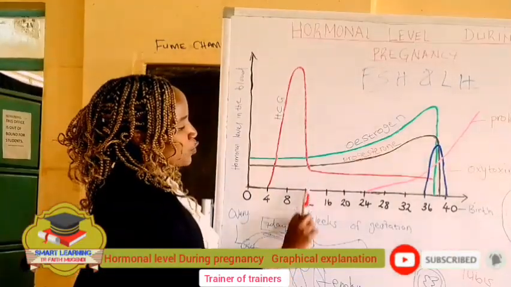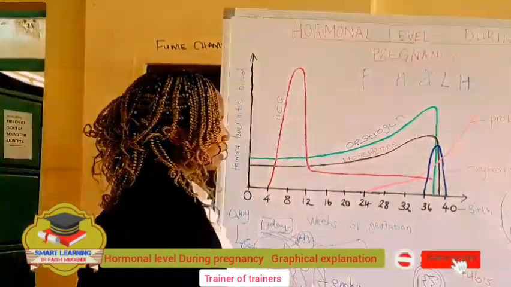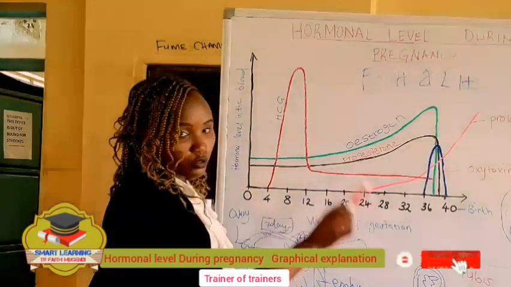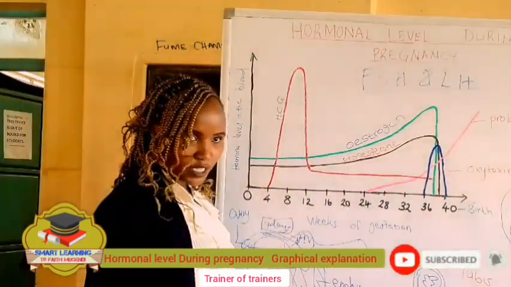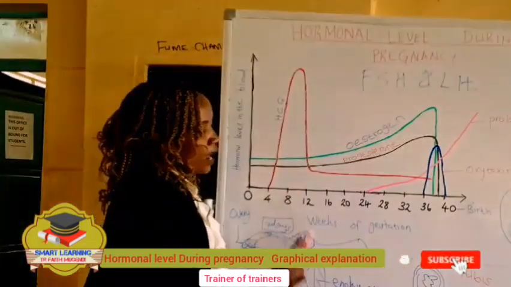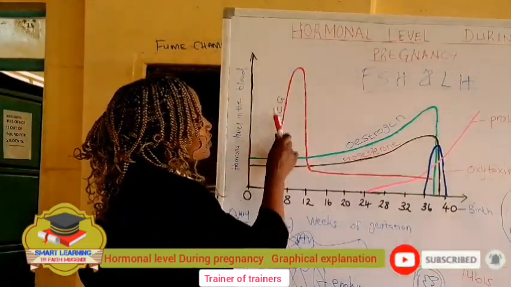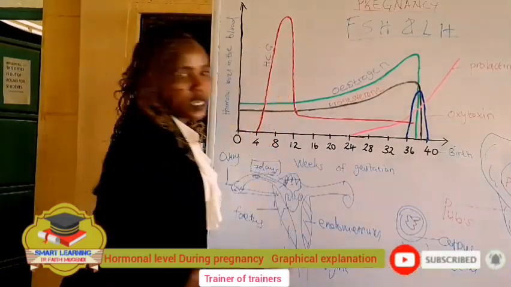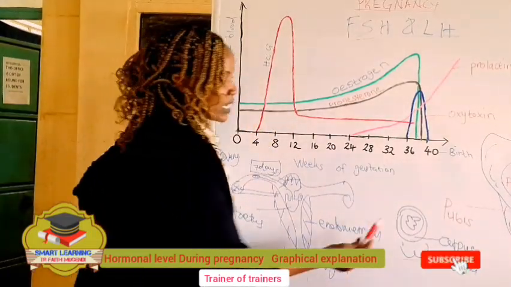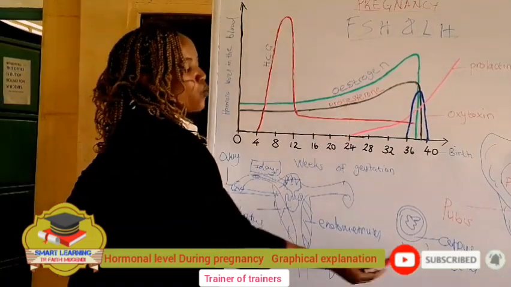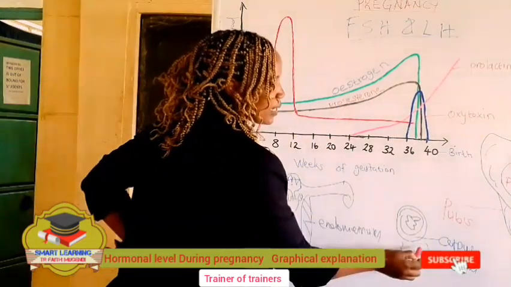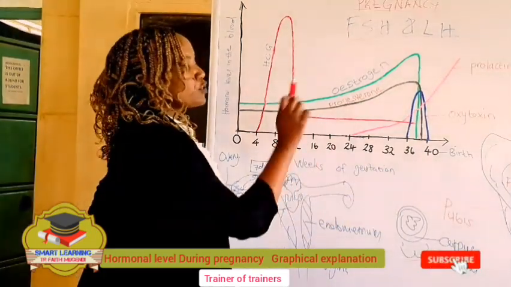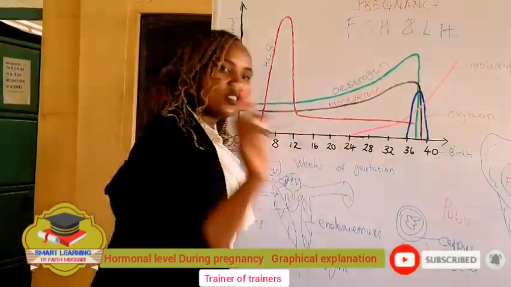So at the 12th week, just as we have seen, the placenta takes the role of production of estrogen and progesterone. So the decline of HCG means the corpus luteum, because the HCG was there to maintain the corpus luteum so that it can continue producing estrogen and progesterone.